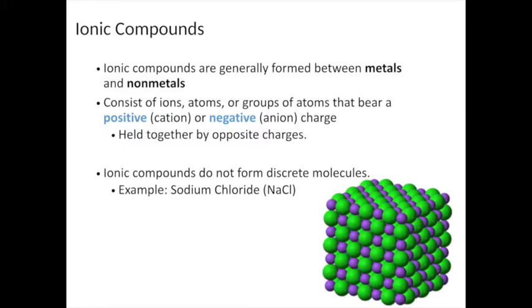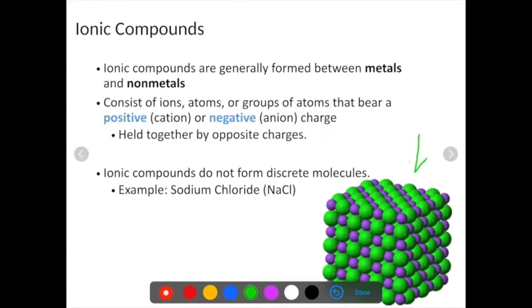So ionic compounds are different. They have charges. Your cation has the positive charge, your anion has a negative charge, and they're held together by those charges. So they don't look like covalent compounds. Ionic compounds form this lattice.